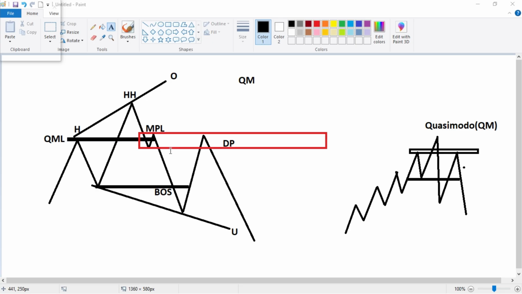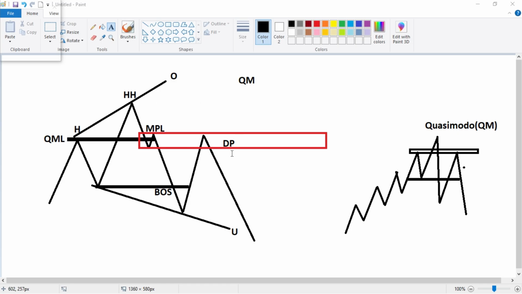This is where the big banks and the hedge funds usually leave some of their orders. So there is a lot of liquidity in this area. So price will then come back in this area and then drop. And this is our decision point where price comes and reverses. This is a QM. This is how we identify a QM.